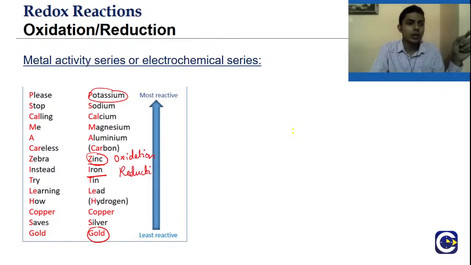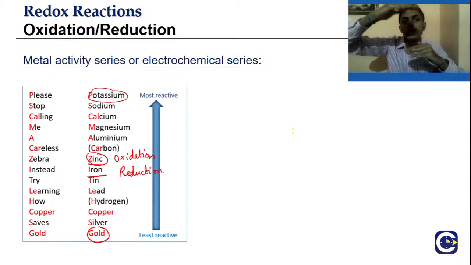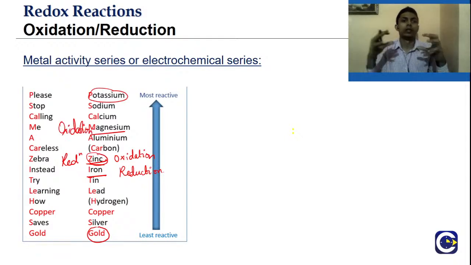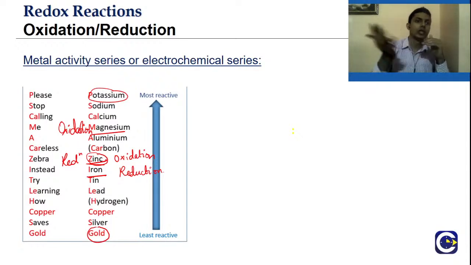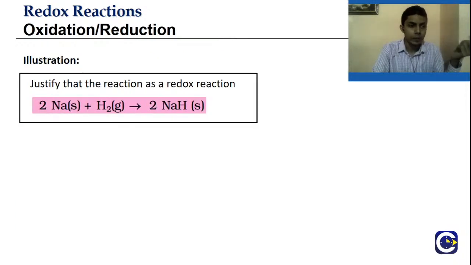That is what this electrochemical series gives me information. Whichever is higher in the series will undergo oxidation, whichever is lower will undergo reduction. For example, if I take magnesium and zinc, then zinc will undergo reduction and magnesium will undergo oxidation. So this gives me a rough idea of which one will undergo oxidation and which one will undergo reduction based on their tendency.